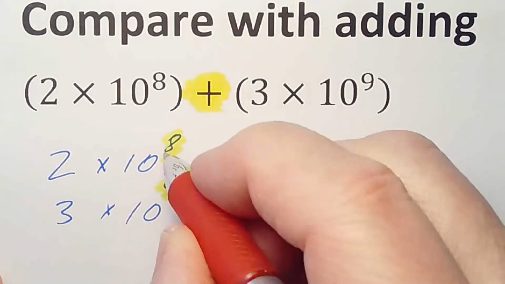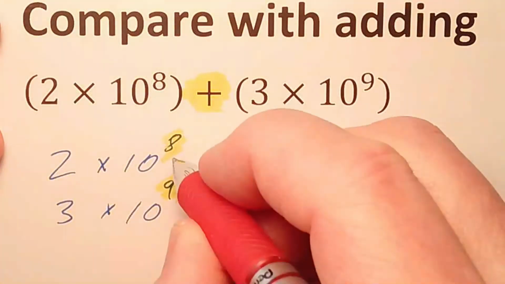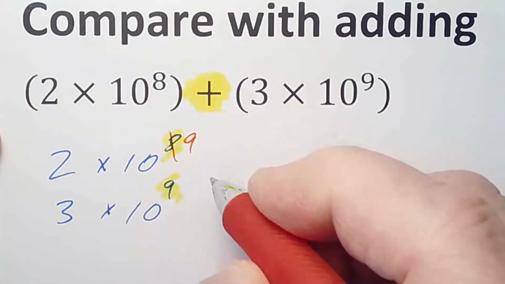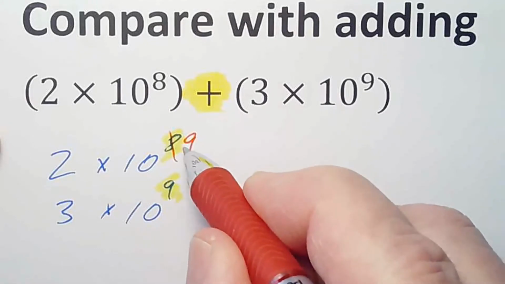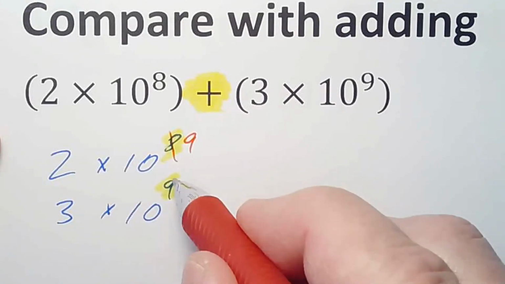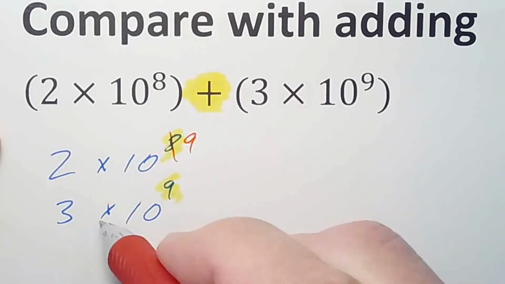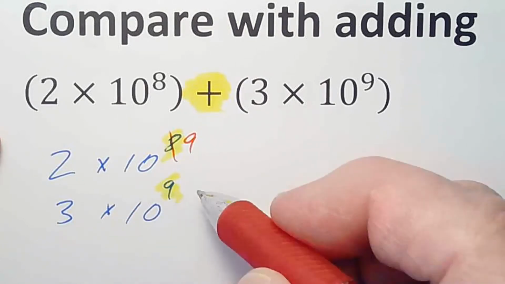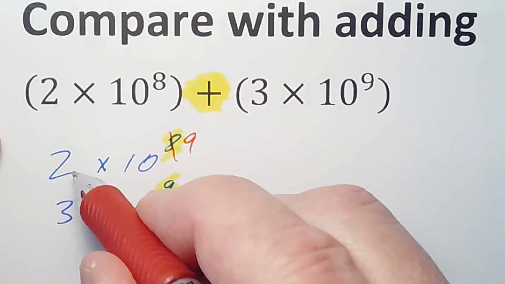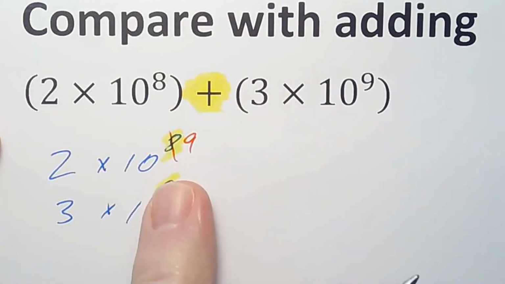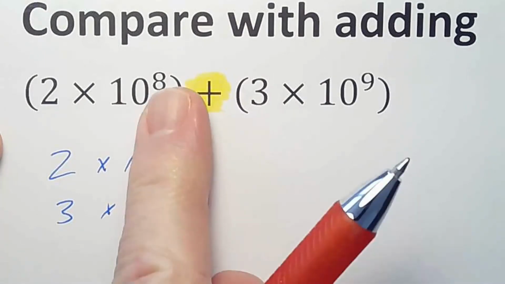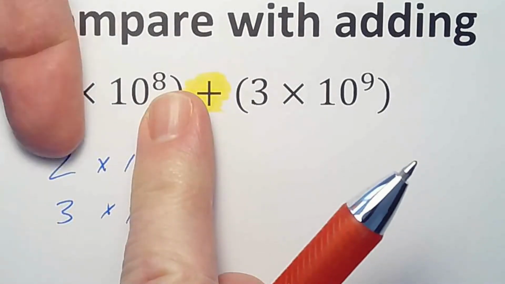There are different ways you can do it, but for this one, let's just change this 8 to a 9. Now I'd like it to be the same. If this is a 9, now I can add them, because this is billions, by the way. This would be like 3 billions. But to do that, I have to change this 2. So let's think about what happened. This went from an 8 to a 9. It got bigger, so because this went bigger, I've got to do the opposite and make this smaller.